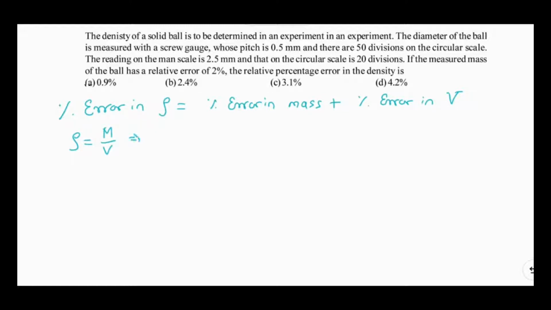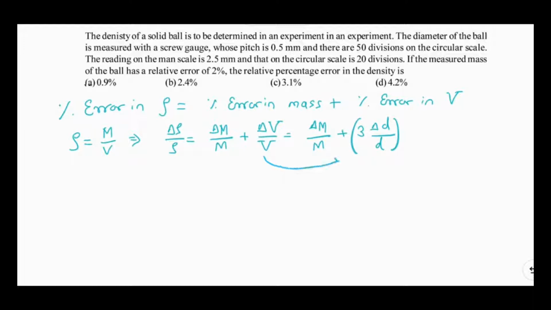By the rules of error, the relative error in density equals the relative error in mass plus the relative error in volume. But the relative error in volume can be written in terms of the relative error in diameter, because diameter is used to find the volume. Since diameter has power 3 in the volume, the relative error in volume should be 3 times the relative error in diameter.